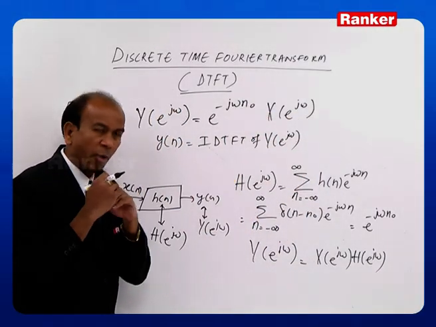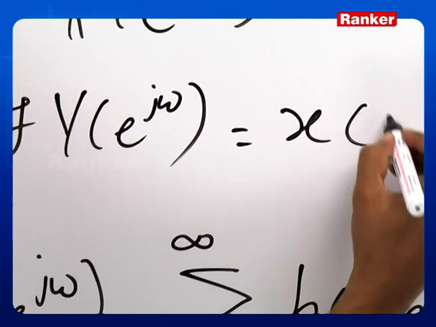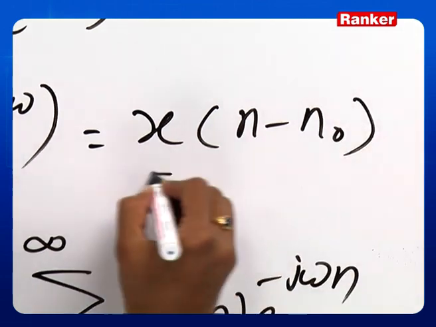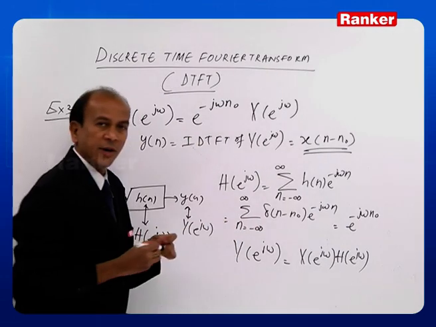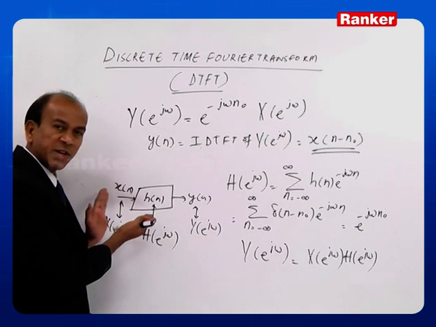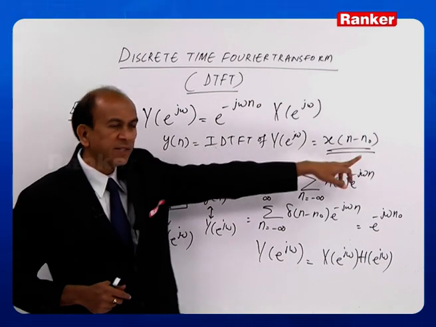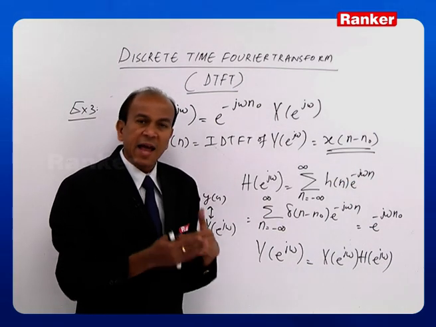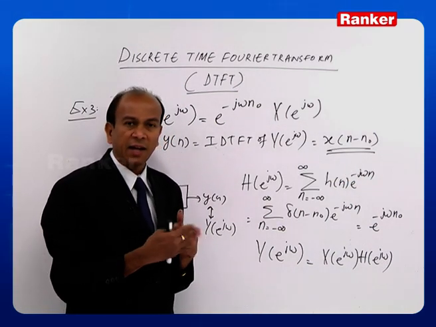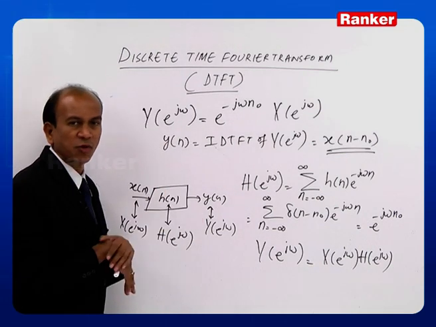So, from that property, the output will be equal to x of n minus n naught. That means the input which we are giving to the system h of n is x of n, but the output is x of n minus n naught, that is, it is delayed by a factor of time n naught. That is the significance of all this.